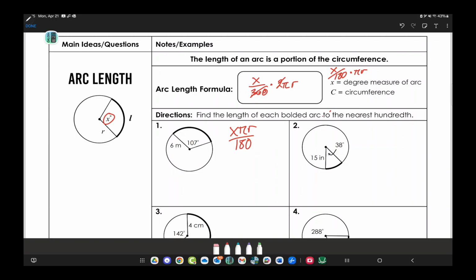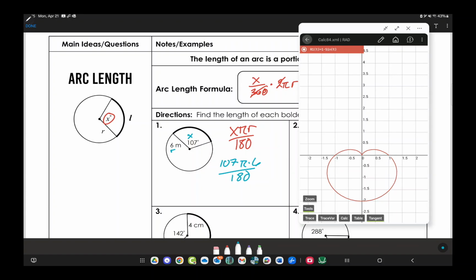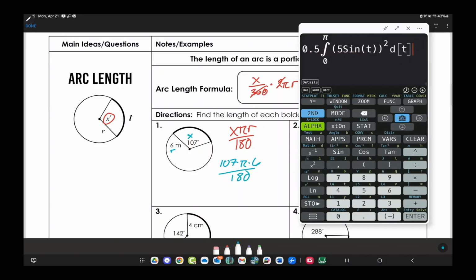You're going to want your calculator ready. Let's do a lot of rounding to the nearest hundredth on these. So here we have r is 6, x is 107. So we have 107 times pi times 6 divided by 180, and you can just type that straight in. Make sure your calculator is in function and not polar mode.